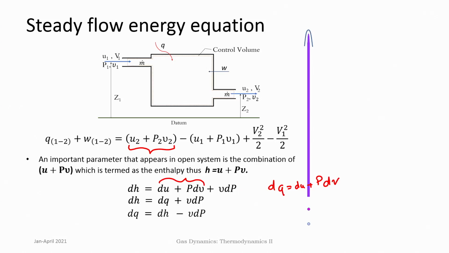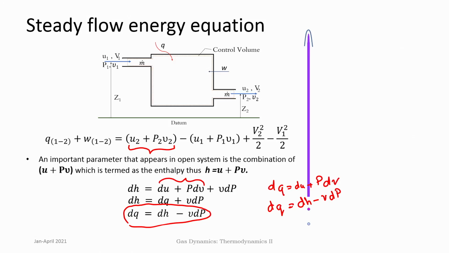So, you can write the enthalpy dH is dq plus Vdp, or you get the next equation, which is dq is equal to dH minus Vdp. So, both these equations, dq is equal to du plus PdV and dq is equal to dH minus Vdp, are coming from the considerations of the first law of thermodynamics.